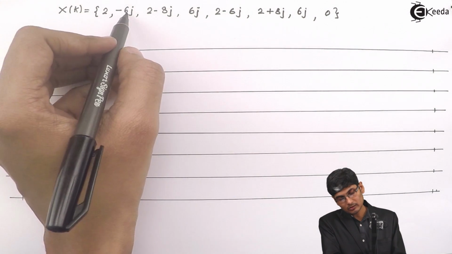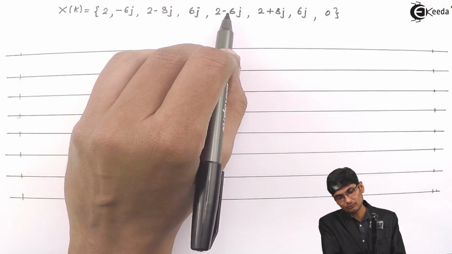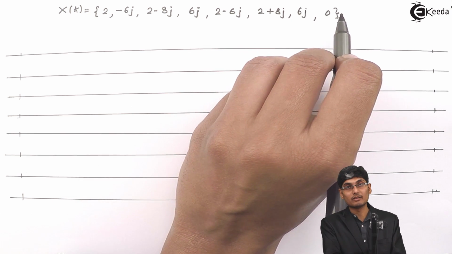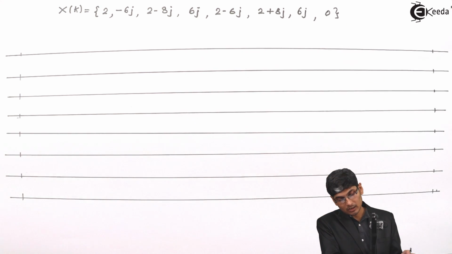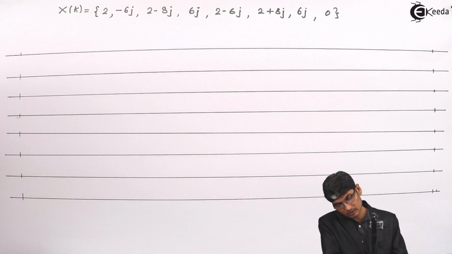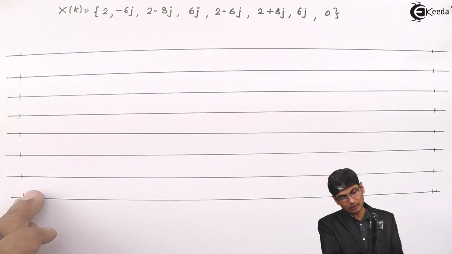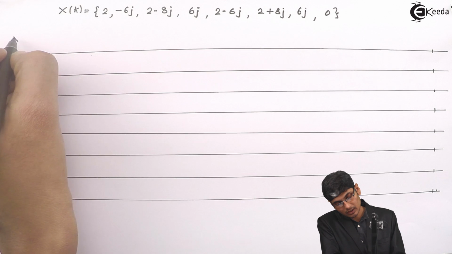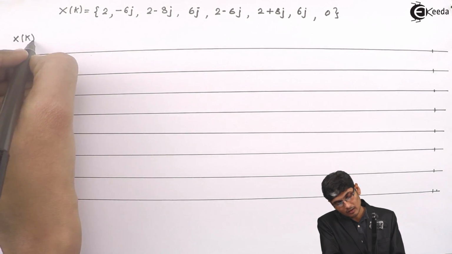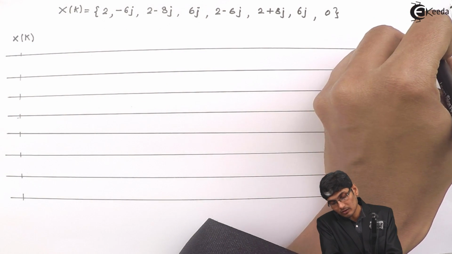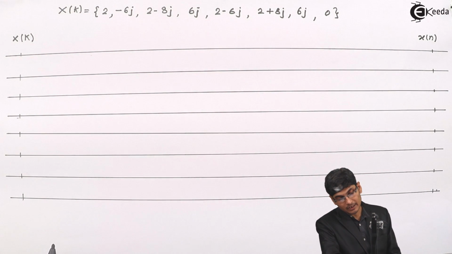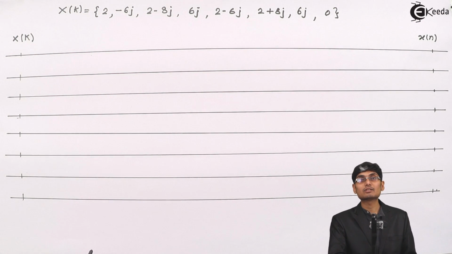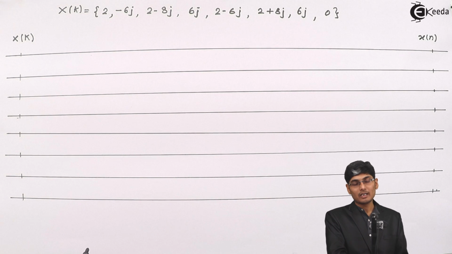This is x of 0, x of 1, x of 2, x of 3, 4, 5, 6 and 7 because I am starting from 0. Now let us put the input in order. Now the input over here will be x of k and the output given will be x of n. Right. So I will be going from input as x of k and going output till x of n.